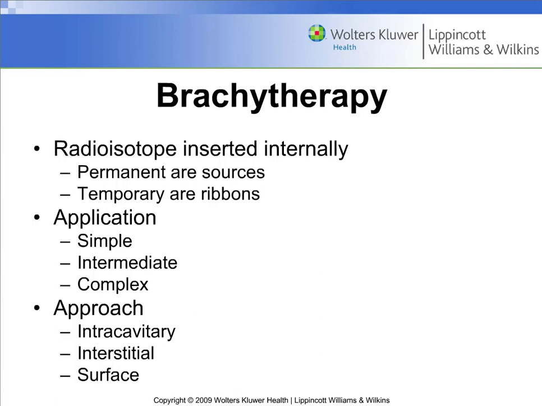Intracavitary brachytherapy is delivered into the cavity, such as the uterus, in the treatment of cervical cancer. Interstitial brachytherapy is delivered into the tissue, such as the prostate gland, in the treatment of prostate cancer. Okay, this slide does conclude Chapter 4, where we reviewed the various services that are represented in the radiological section.